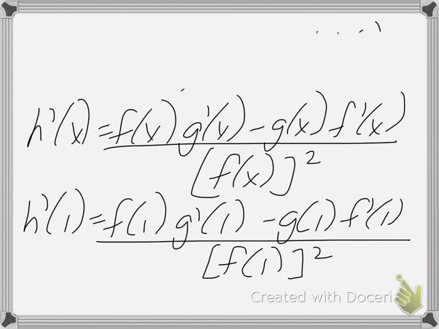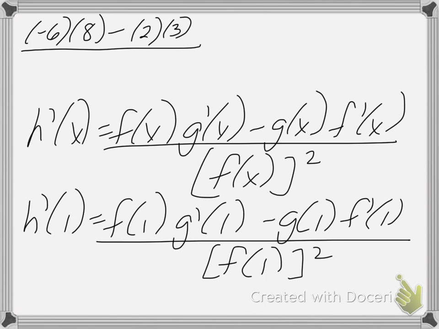Okay, so f of 1 is negative 6. g prime of 1 is 8. g of 1 is 2. f prime of 1 is 3. f of 1 is negative 6.